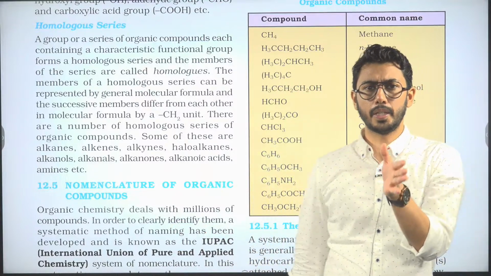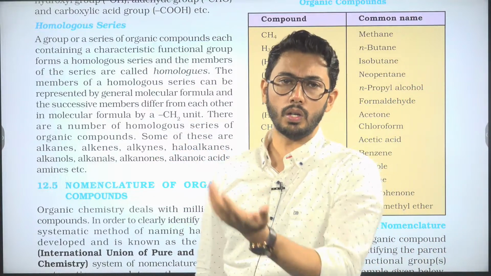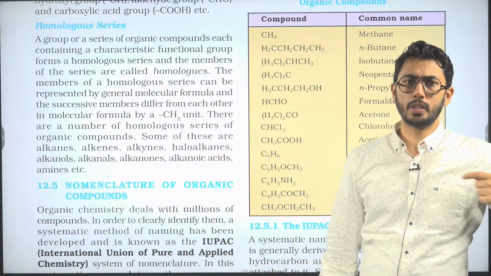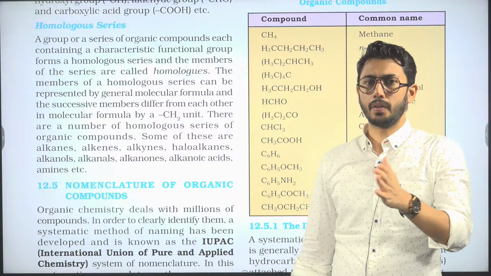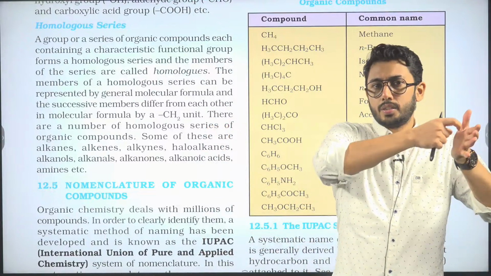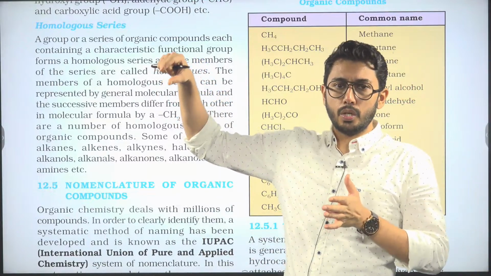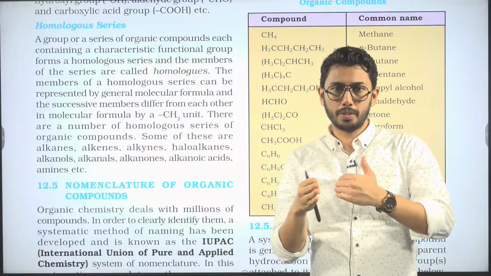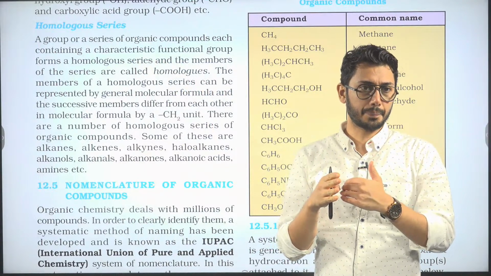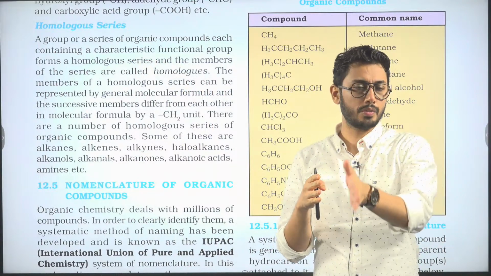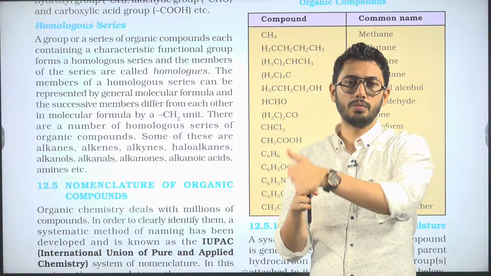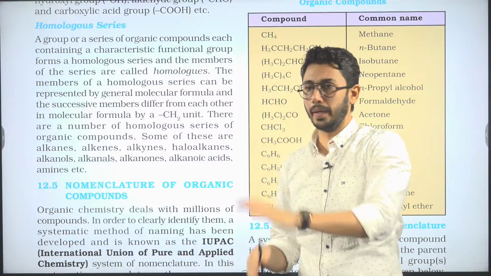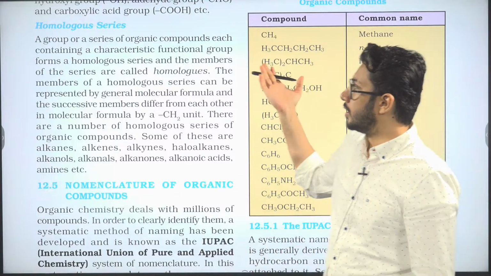Basic examples: methane, ethane, propane, butane, or ethene, then propene, then butene. Each consecutive member of the alkenes differs by a CH2 unit. This continuation of the series is termed a homologous series, and each member with respect to each other is a homolog. Like methane is a homolog of ethane, ethane a homolog of propane, butane a homolog of propane or pentane.